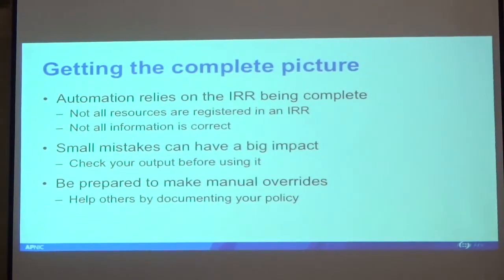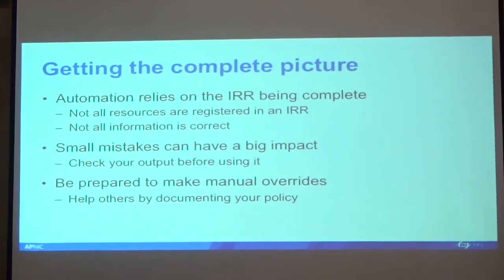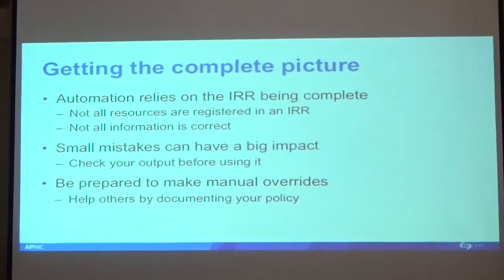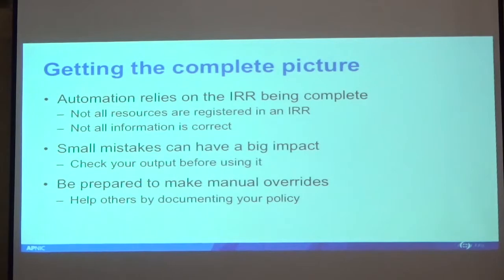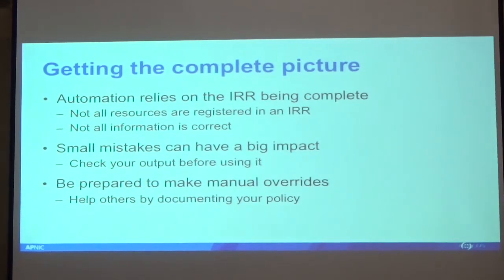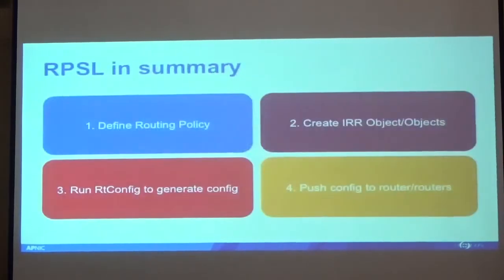Because maybe it's not you, but it's another network that will generate this policy that is now added to the routers based on the information in the IRR, which is a public database. So be prepared to make manual overrides if needed.